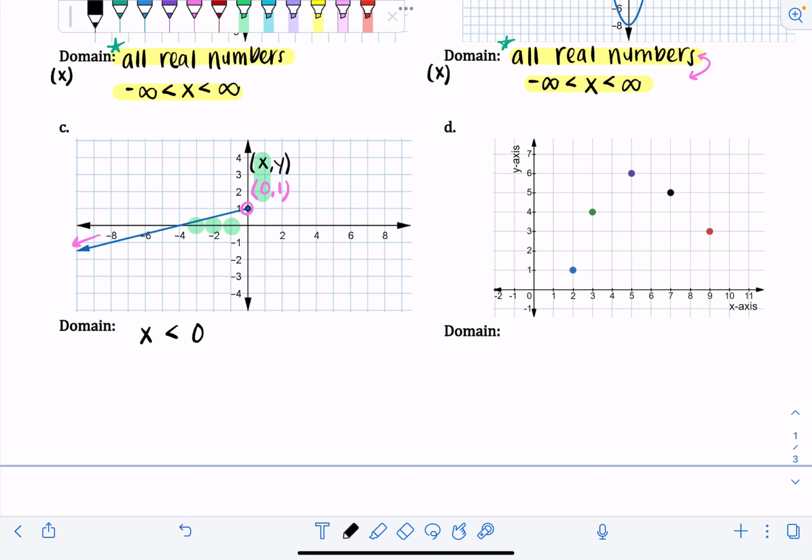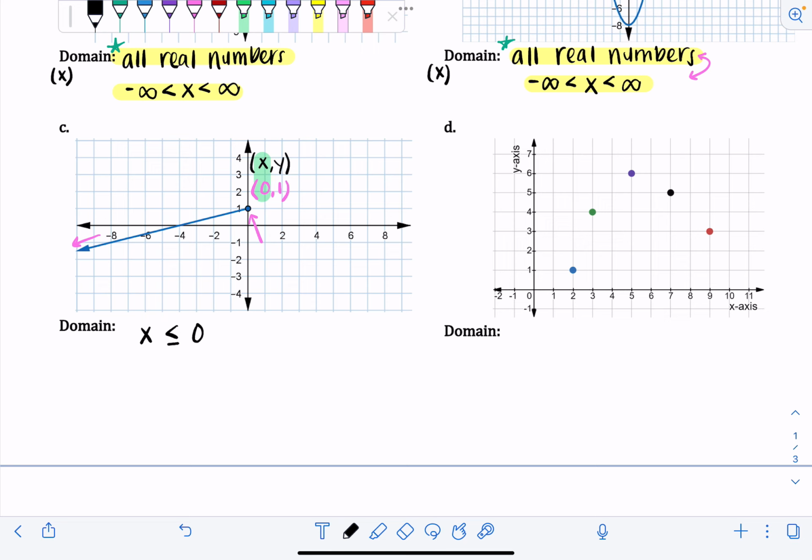And then the last thing that we need to look out for is whether or not this point right here is open or closed. If it's closed, it can be equal to 0. It means it can be exactly equal to 0 or exactly equal to that point. So we would put x is less than or equal to 0.